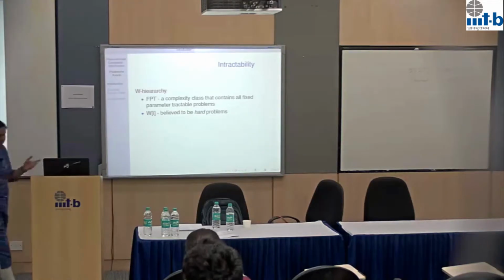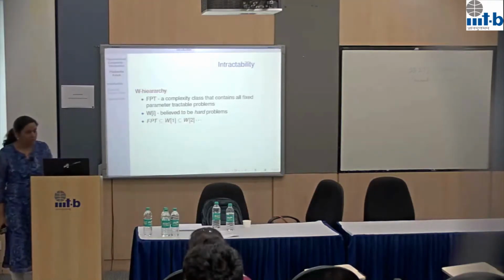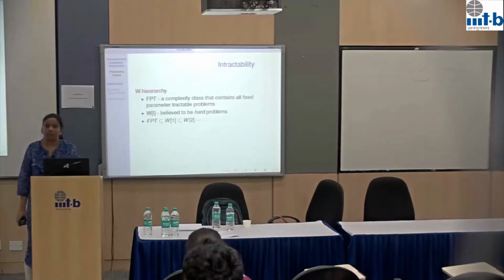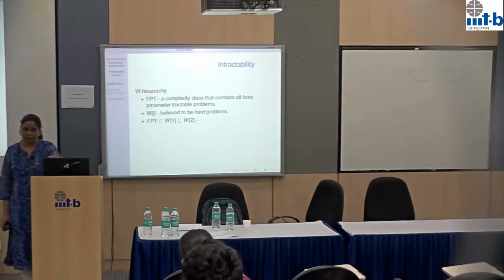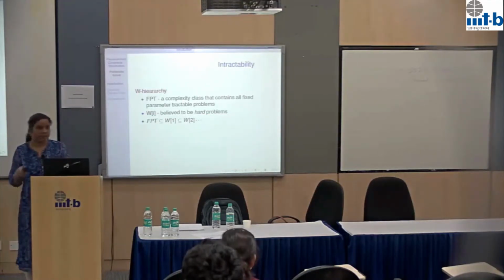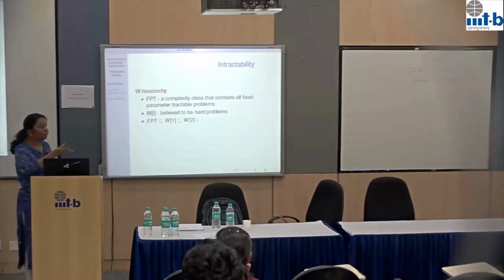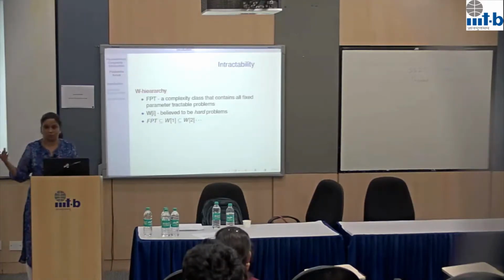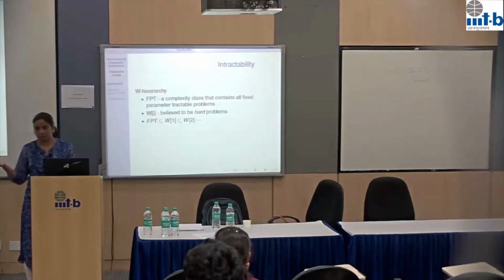So this is a relation that we know: FPT, the one that contains all tractable problems, is a subset of W1, which in turn is a subset of W2 and so on. There are some technical differences between W1, W2, W3 and so on.